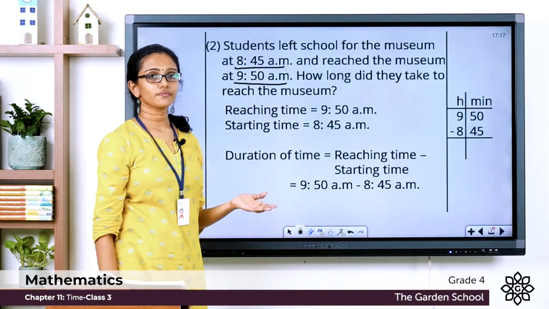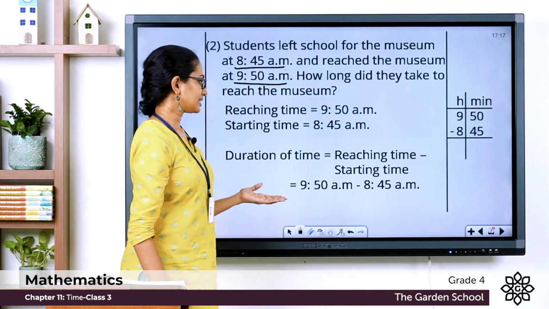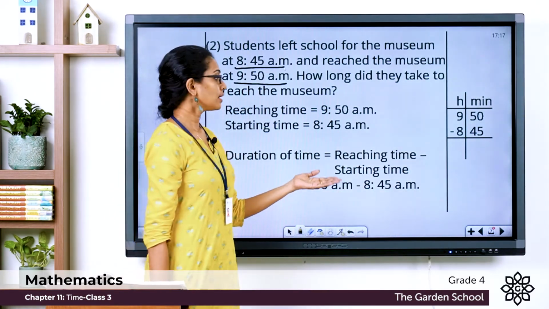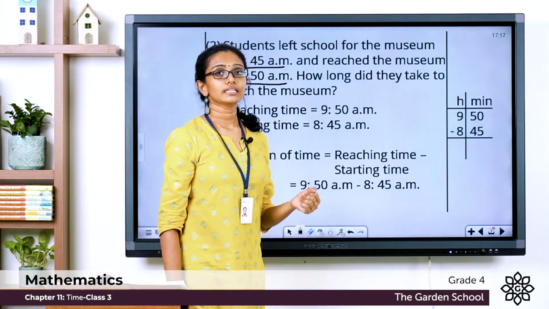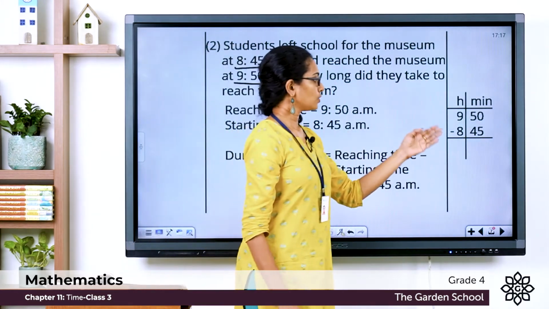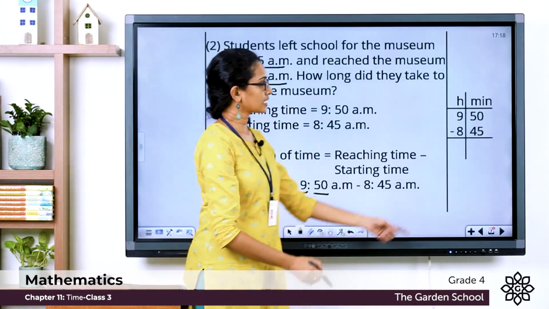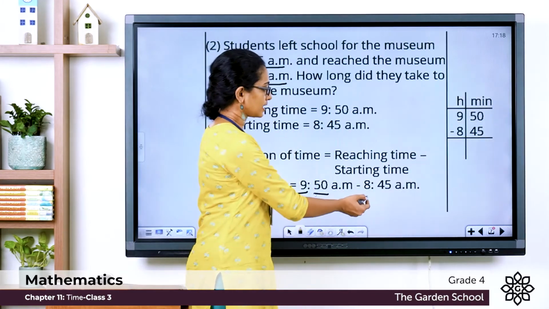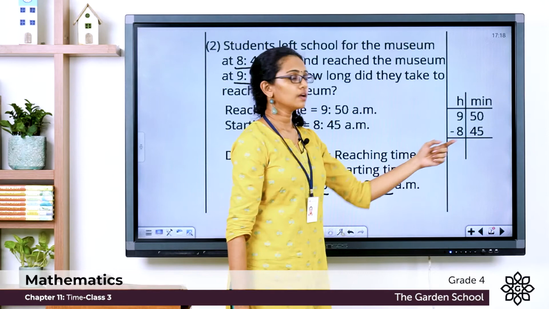So, the duration of time is equal to reaching time minus starting time, and that is equal to 9:50 a.m. minus 8:45 a.m. Doing the subtraction in the working column, we have 9 in the hours column and 50 in the minutes column, and then 8 in the hours column and 45 in the minutes column.